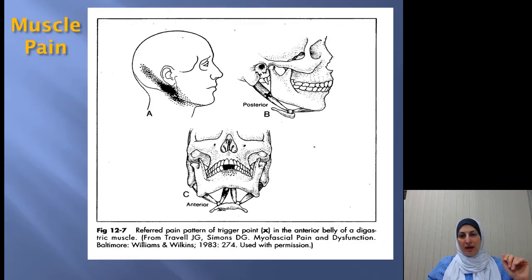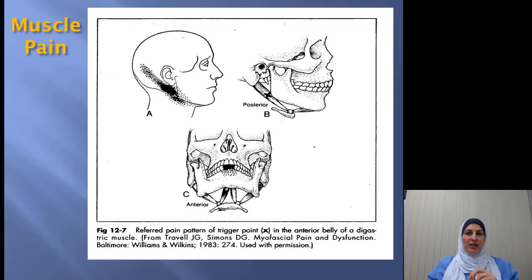Another example here, we have the posterior belly of the digastric. A taut band in the posterior belly of the digastric would refer the pain to the ear and also to the angle of the mandible. So the patient might come to you again complaining of pain in the angle of the mandible, thinking that it might be the wisdom teeth.